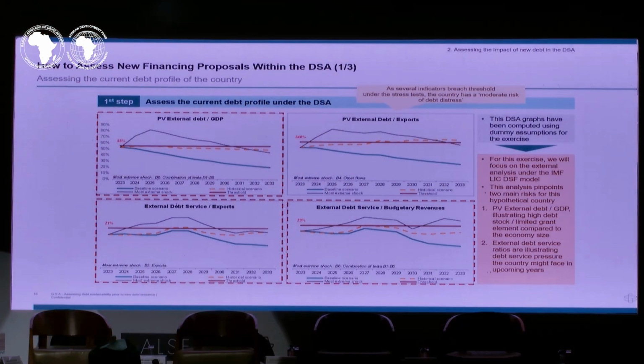Looking at the PV of external debt to GDP in this example, even if this country is below the thresholds, it is actually very close to them. Looking at the liquidity ratios, the external debt service to exports and the external debt service to revenues, we are again identifying some specific liquidity pressures, notably in 2027 and in 2028.